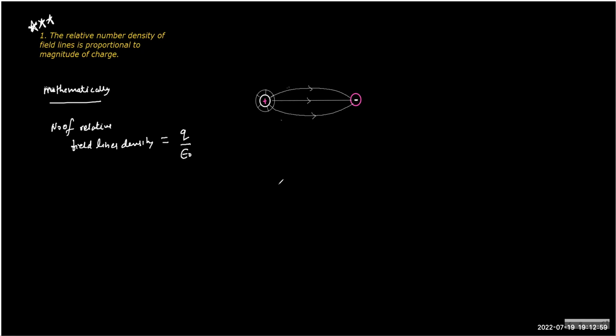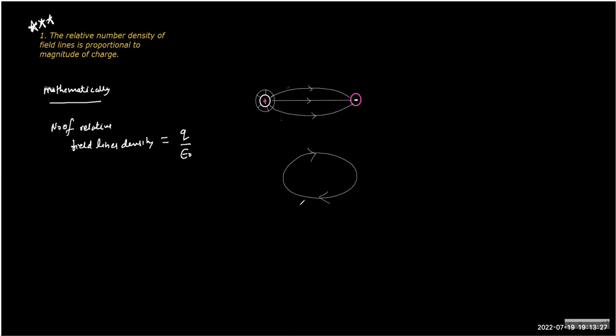In magnetic field lines, the lines never terminate, they circulate. So there is no beginning or end in case of magnetism. In case of electrostatics, we have a beginning and we have an end. So if someone is drawing the lines of force like this, you can clearly say this is not an electrostatic field, because in an electrostatic field we cannot have the circulation of field lines.